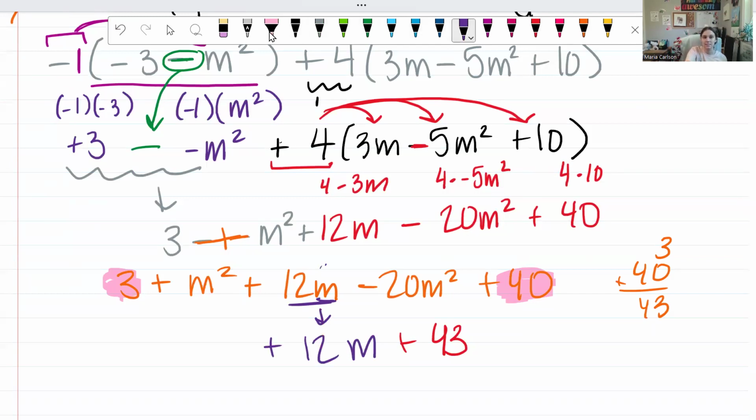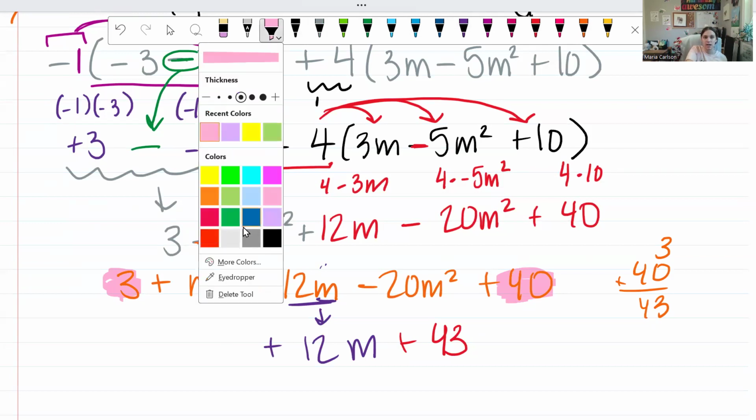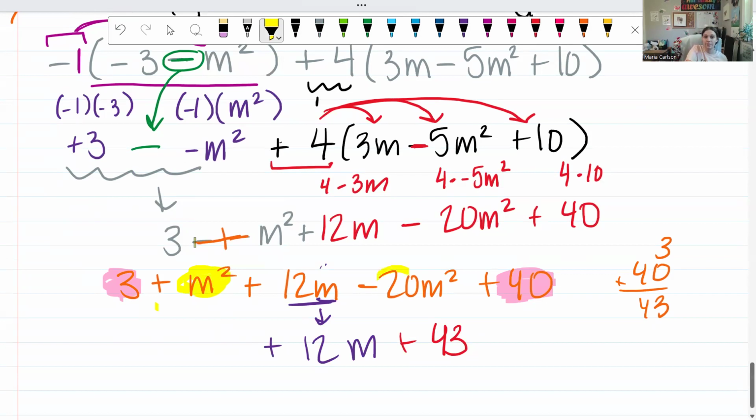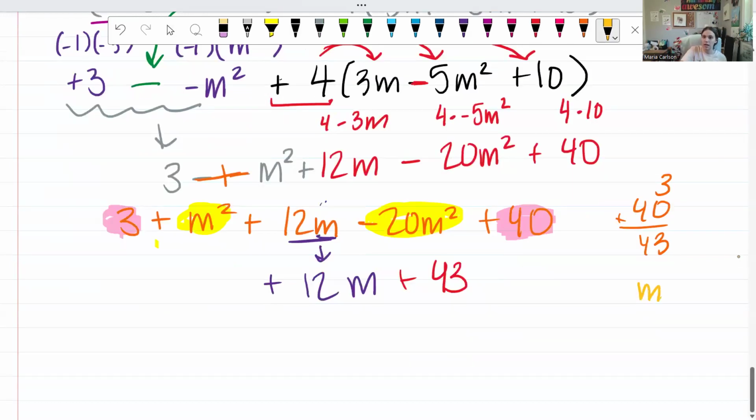And lastly, I see the m squared terms. I see, what color do I want to use? I guess yellow. I see the m squared and the negative 20m squared. So combining those together to see how many we have total, m squared plus negative 20m squared.